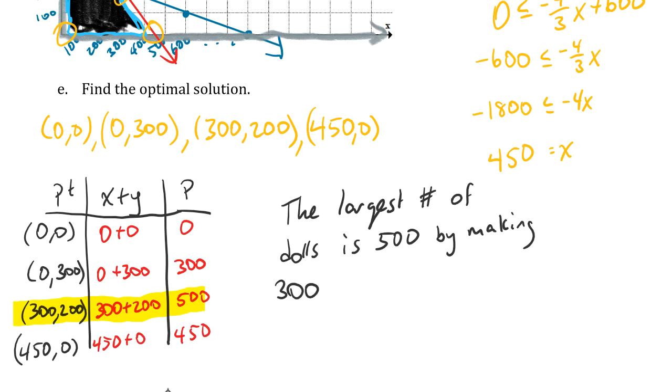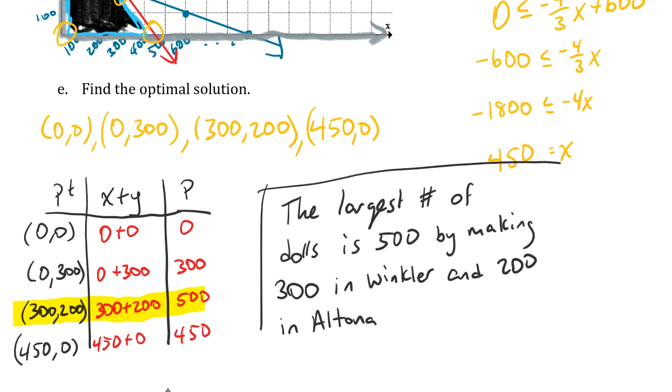Remember, 300 was our x. X was Winkler, so in Winkler. And 200, which was our y. Y was Altona, so in Altona. And then we're done.